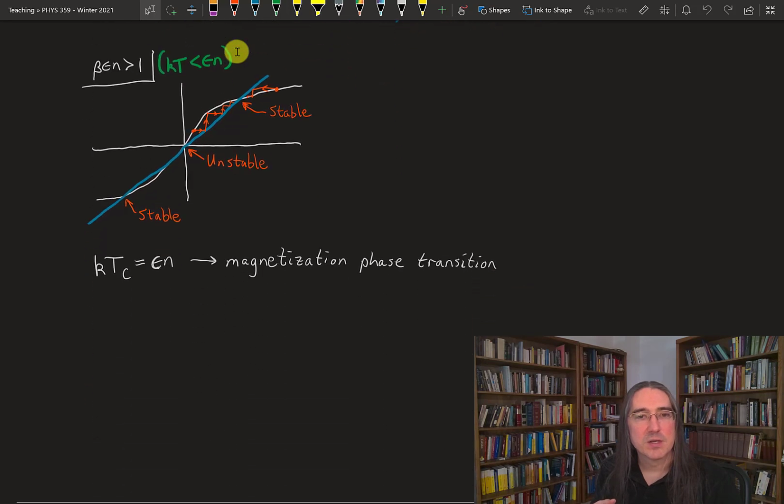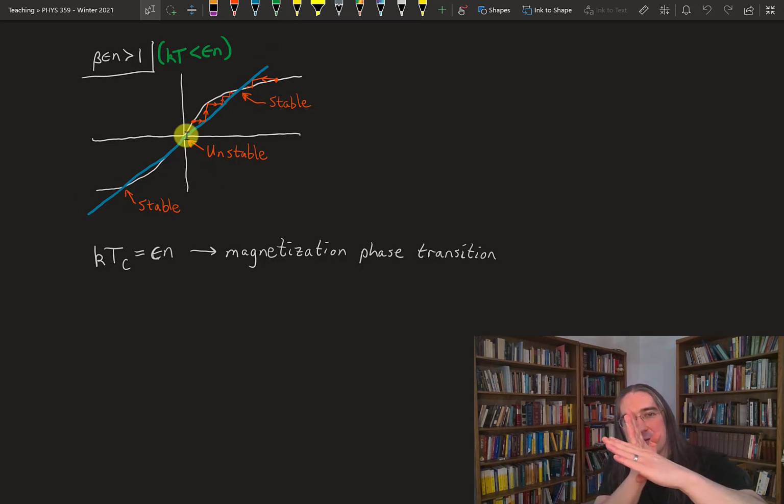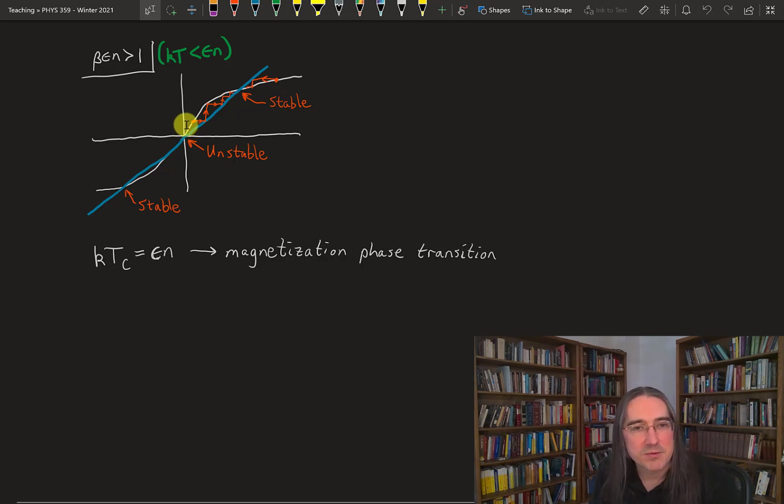So if we draw S bar as this blue line again, when we go through the origin, tanh needs to be steeper than that. Okay, fine, we'll draw it steeper than that. The problem is we also know tanh has to asymptote to 1 and minus 1, which means it's going to have to cross S bar again, once positive and once negative.